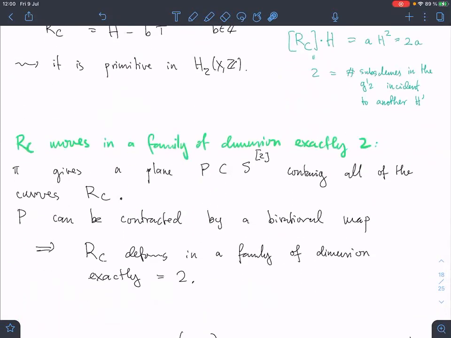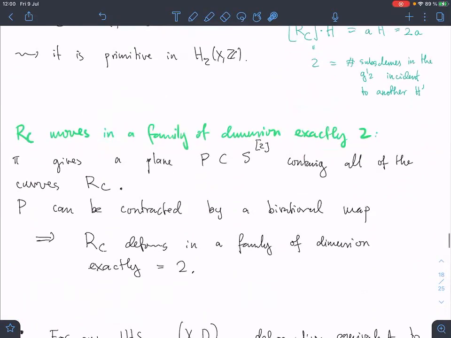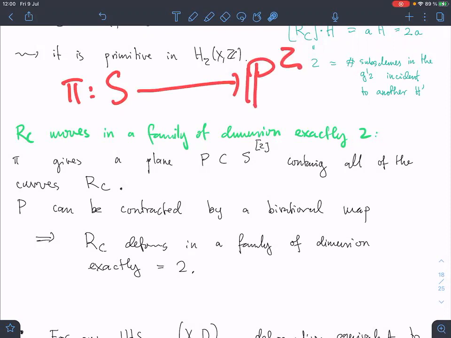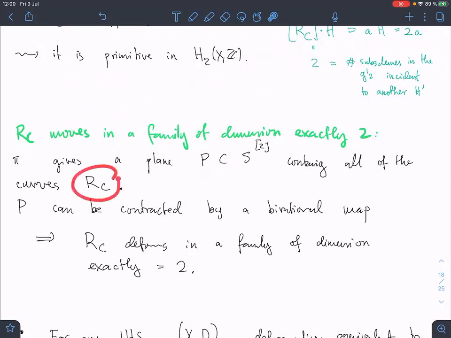And what we need to check is that this curve moves in a small family. In this particular example, it's easy to check because we have a double cover. So we have this pi from S to P2, and the preimages of that map give you a P2 inside the Hilbert scheme of S. The curves R_C we construct are all going to lie inside this plane.